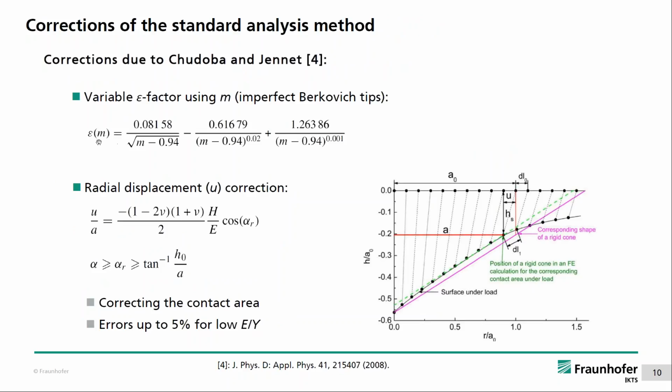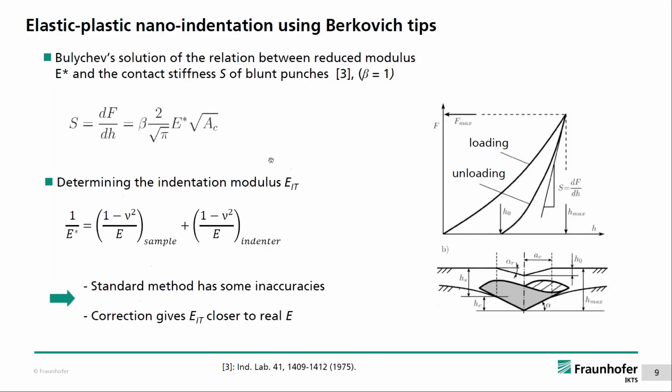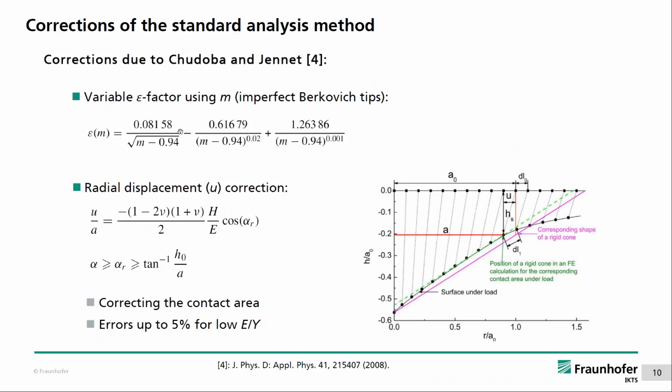First of all, we have this epsilon factor, which is in this Sneddon solution, and this is used in the standard treatment as a constant, but in reality it depends on the actual shape of the tip, and you can calculate this in more detail using this formula. Everything I tell you now is in this paper from Pharr and Oliver, which is down here. So if you correct this, you get a little bit closer to the real Young's modulus.